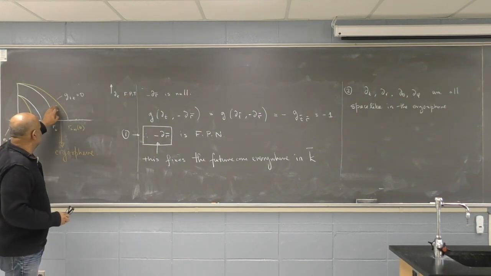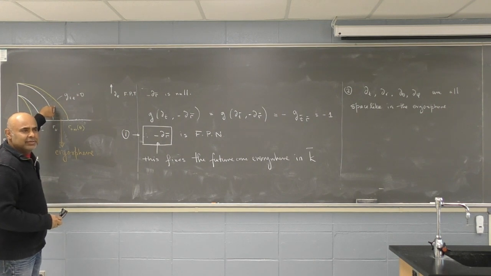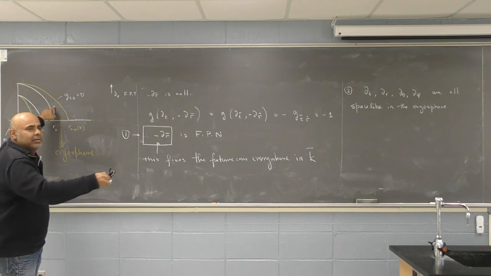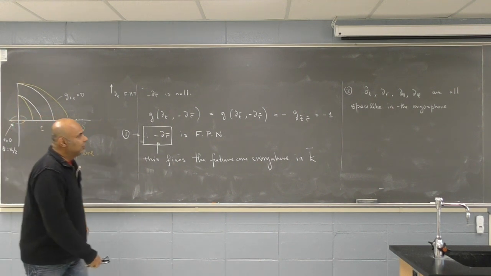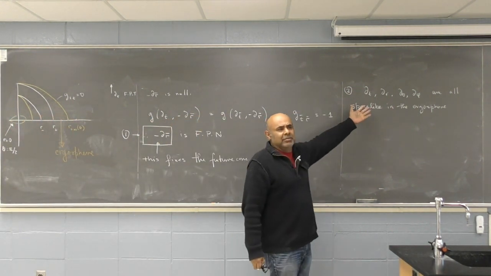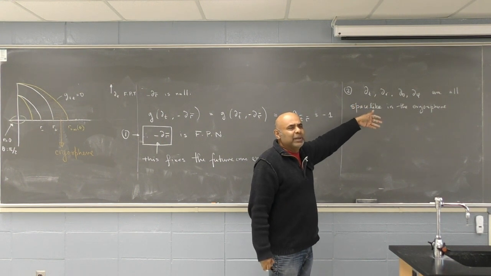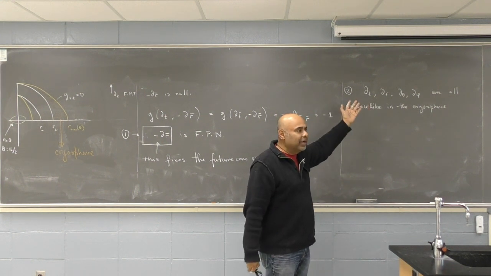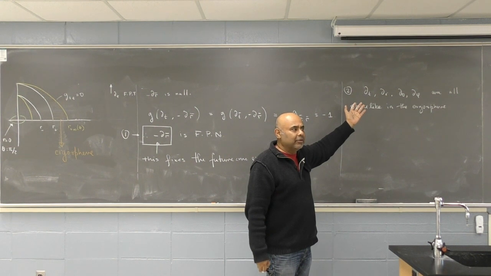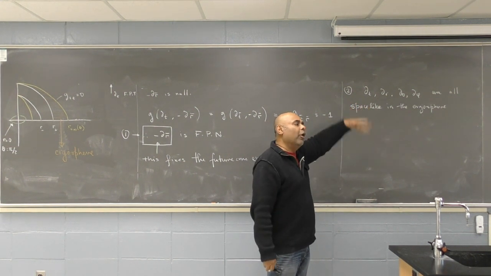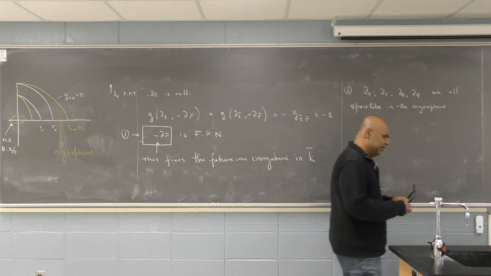Here GTT is 0, so from negative you come to 0, then you are going to go to positive. So that too becomes space-like. There's nothing miraculous about it. Again, just because you see T doesn't mean it's time-like. I just want to point that out. So you have basis vectors, all of which are space-like. A neat feature.